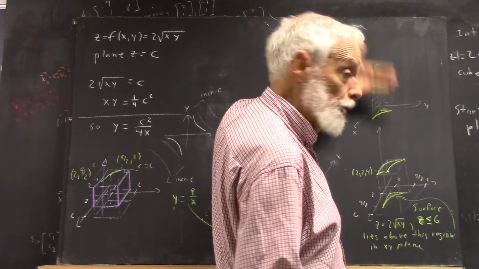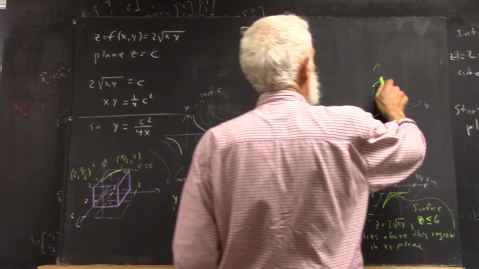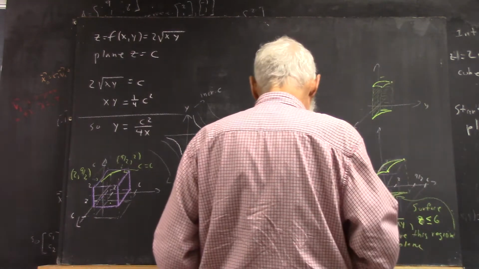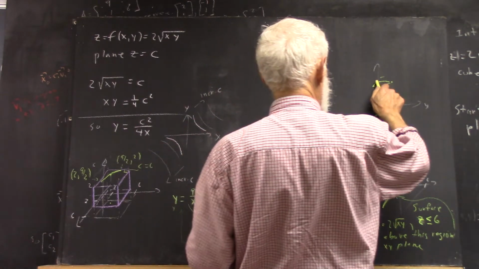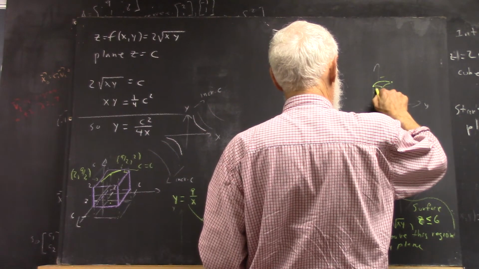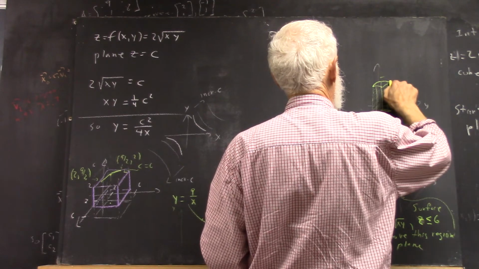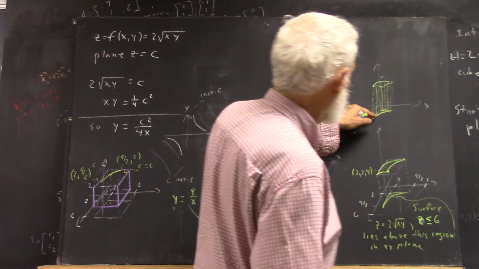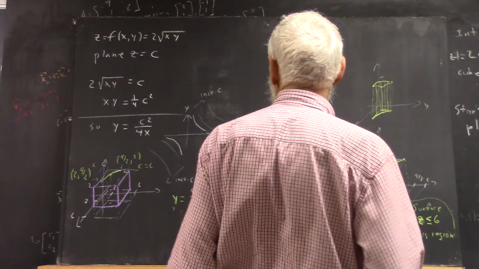Sorry, y equals 2, x equals 2, okay? And then this curve lies directly above this. So it's probably going to get really messed up when I do this, but I'll do it anyway. So this curve here goes directly up to this one, okay?